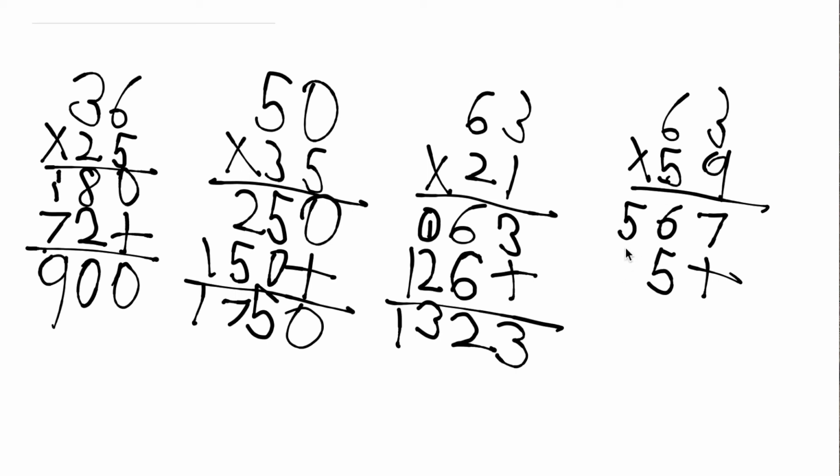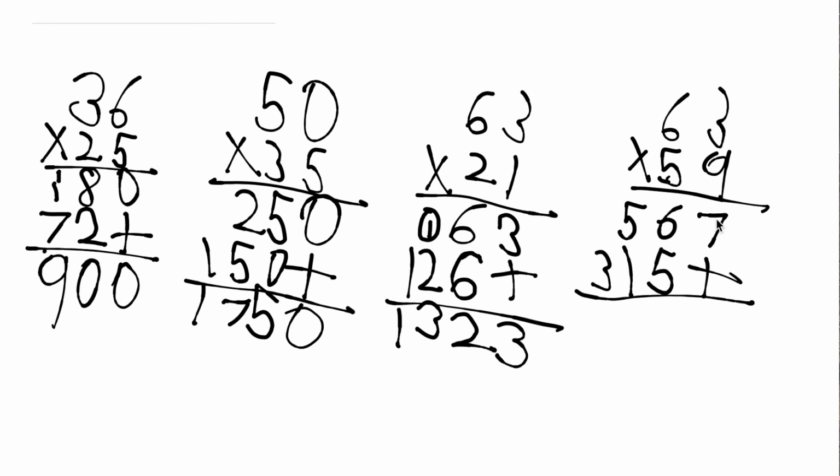So put 1 here. And then 5 times 6 is 30. So it's 315, so let's add these.